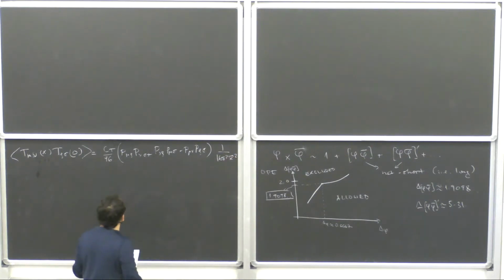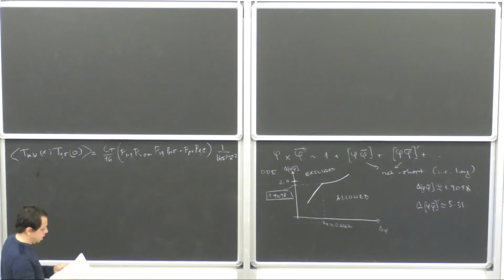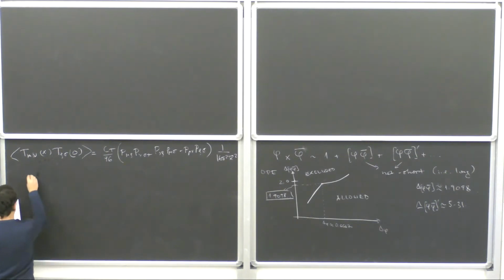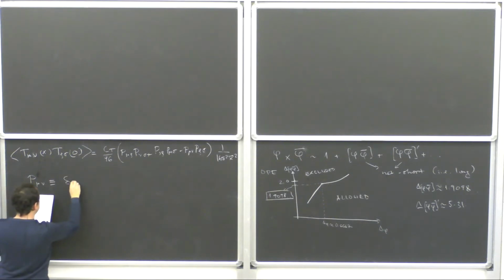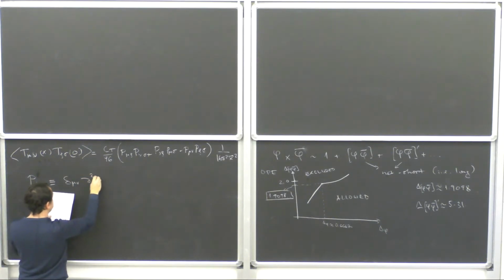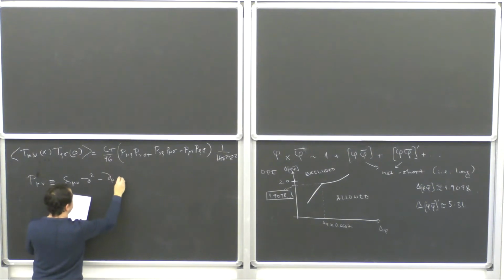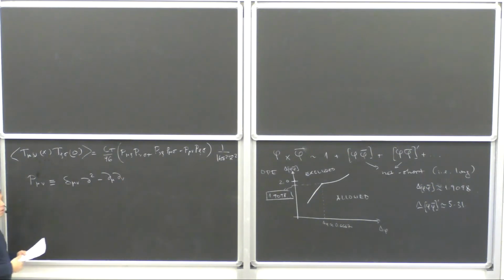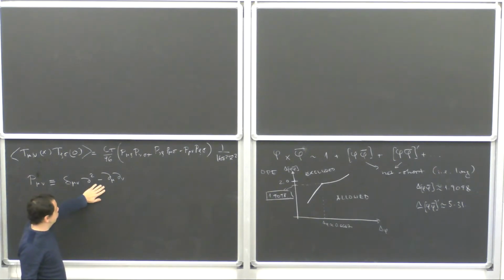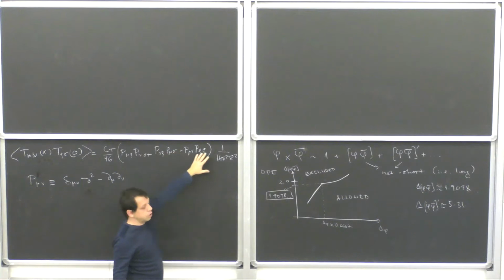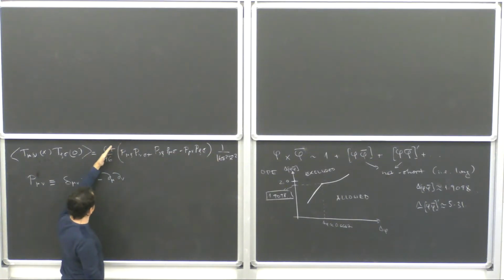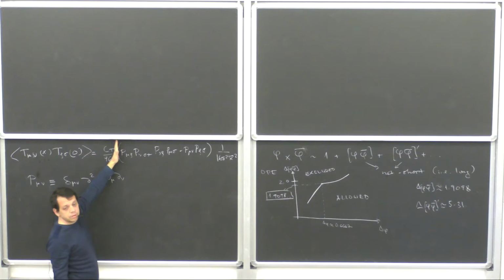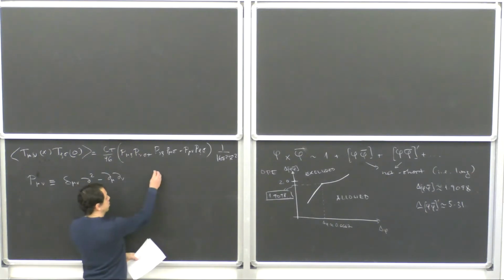Okay, so the P's are some tensors that basically have the correct index structure, the correct symmetries, and their job in life is to produce a conformally covariant expression. So this is the part that is fixed entirely by the kinematics of the theory. As I told you, for a two-point function of a scalar, it was very simple.